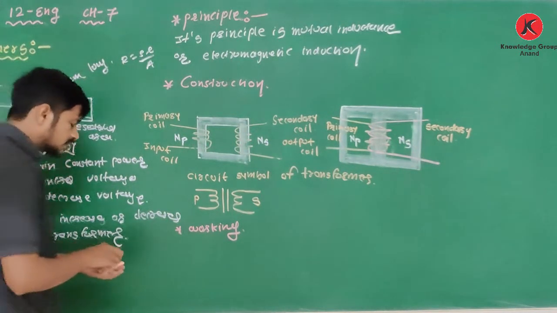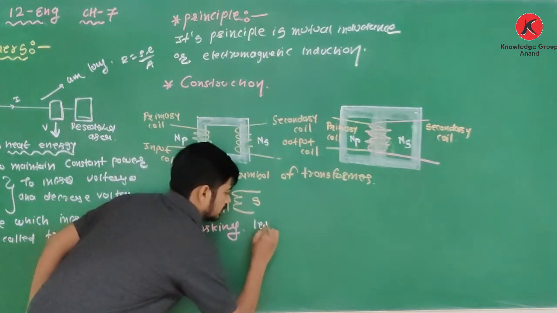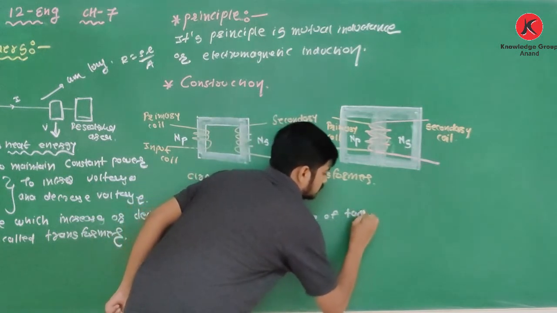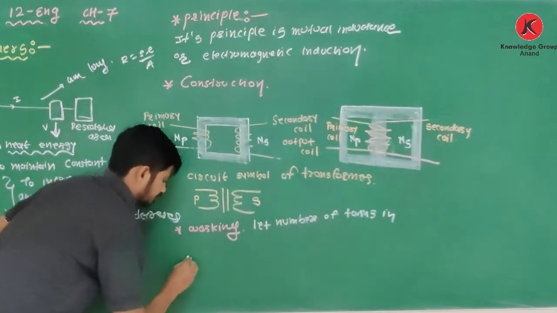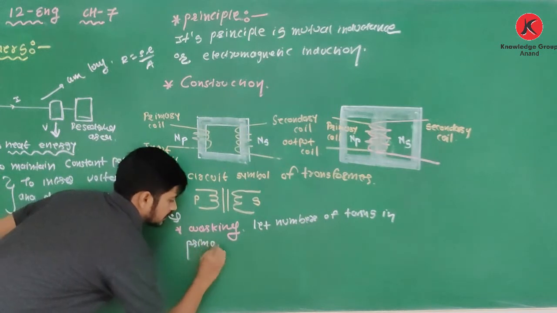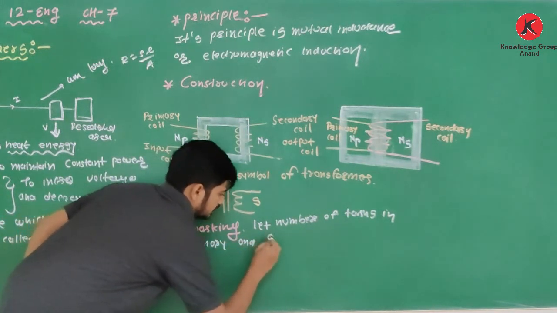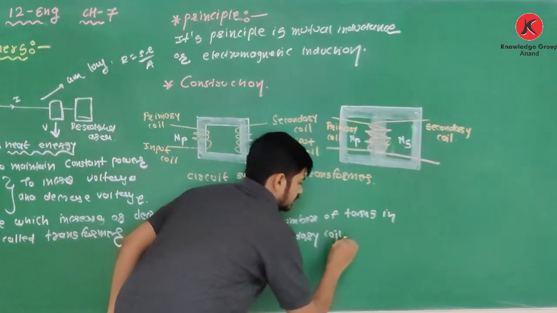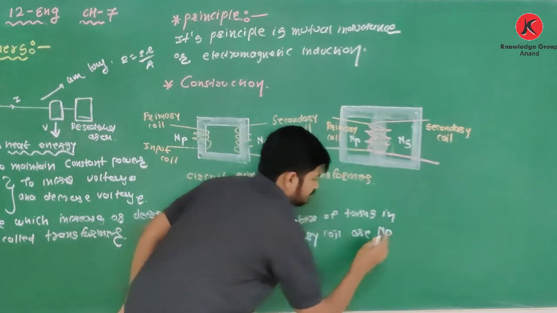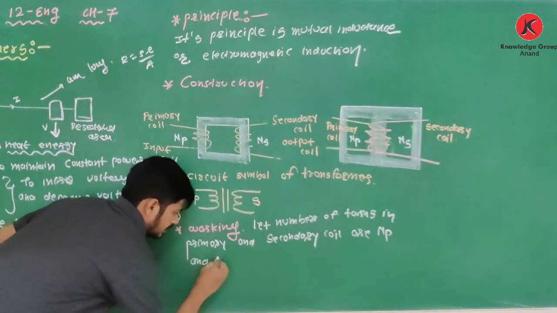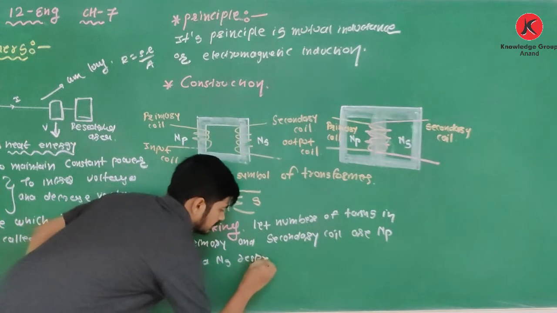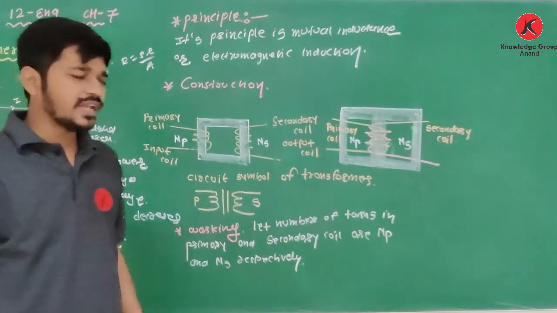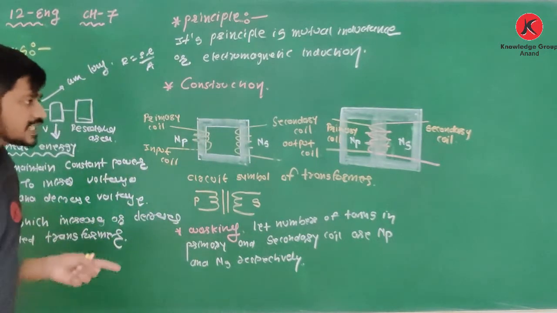We have to assume that the numbers of turns in the primary and secondary coils are NP and NS respectively.